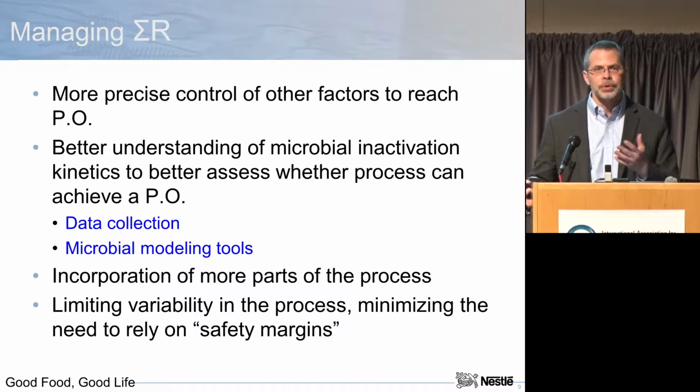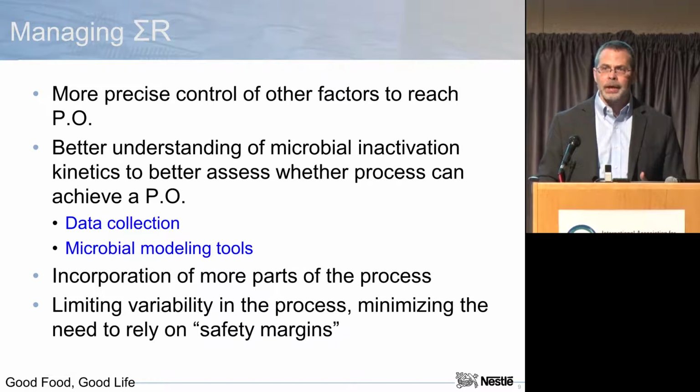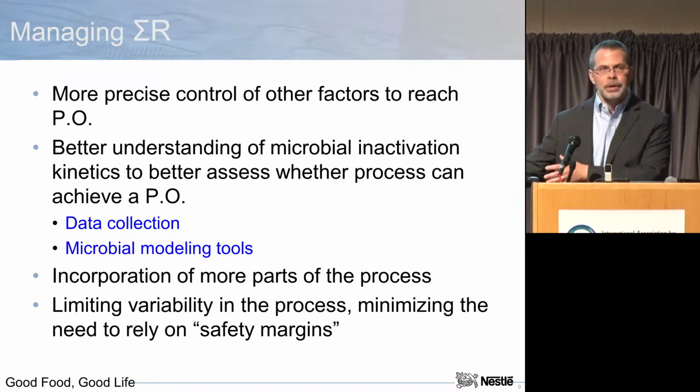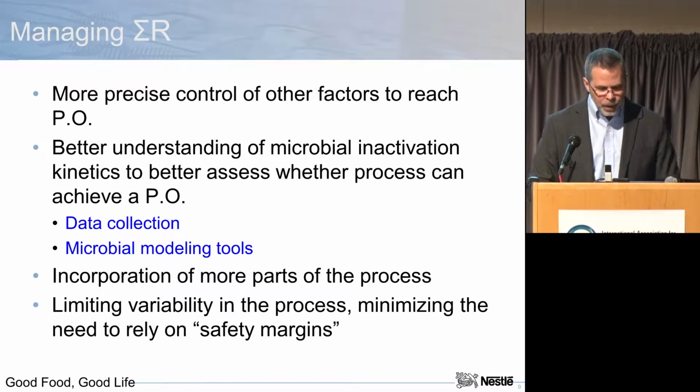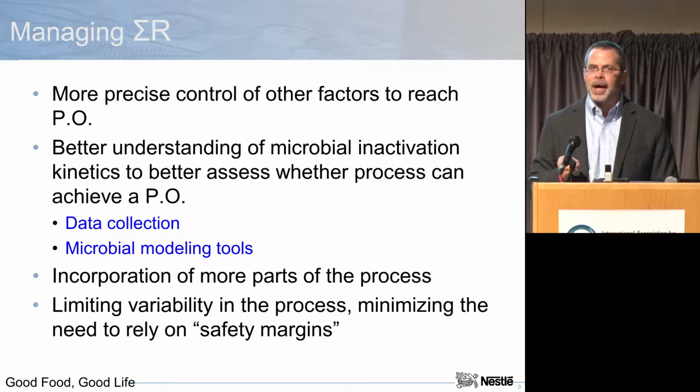So knowing I have a number of factors in my process that can impact my performance, I may be able to impact the conditions of certain factors to manage other factors. So I may be able to manage the size of the container that I'm thermally processing, or I may be able to more closely manage the thermal process itself by having more information about the distribution of heat in a container or the way that my thermal process works.